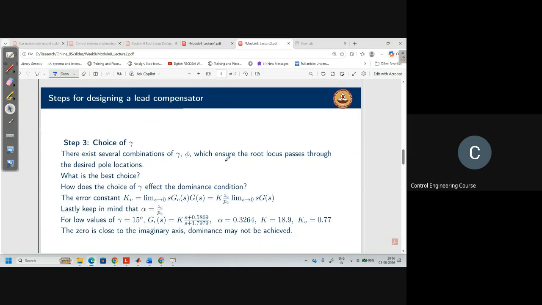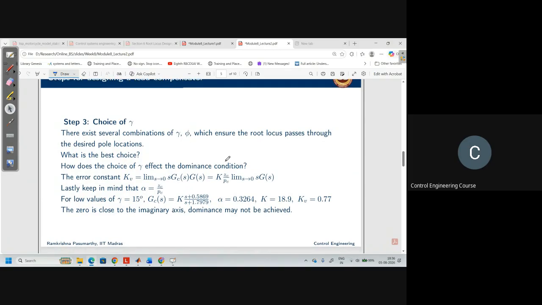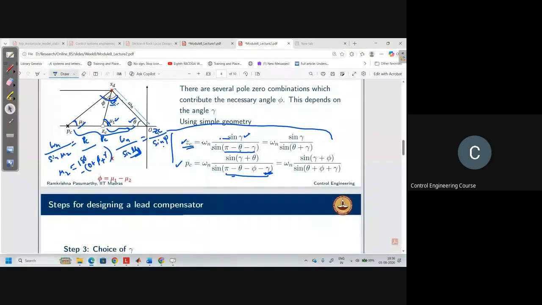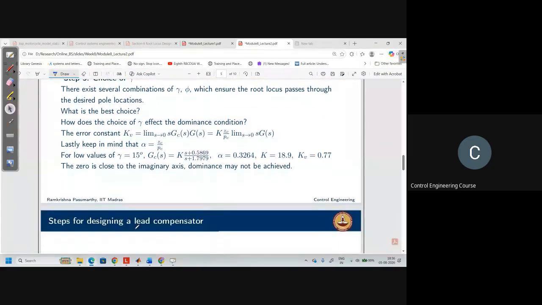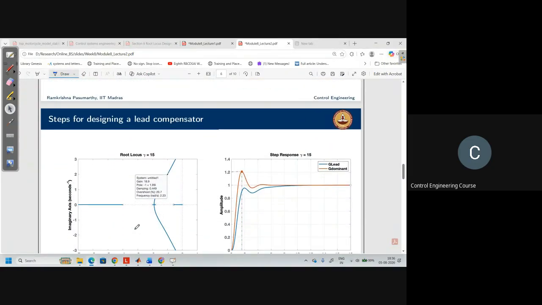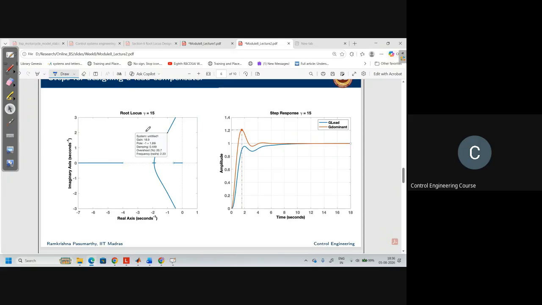For the choice of gamma, there are different conditions available. The gamma is basically the difference between these, and this is the gamma we need to find out. Let's see how different values affect the overall system response. Suppose you choose gamma as 15, then your system behaves like this.